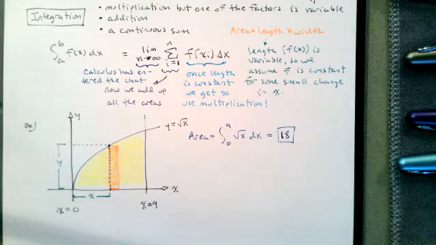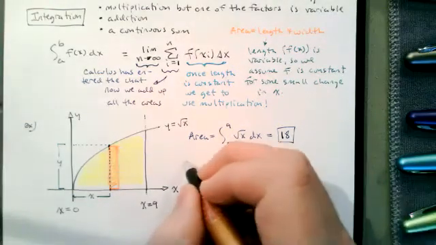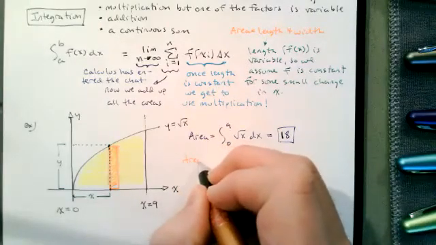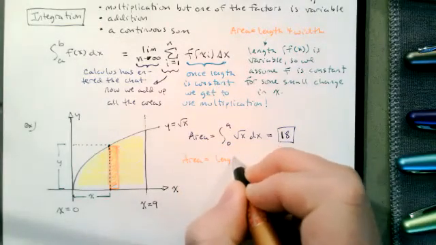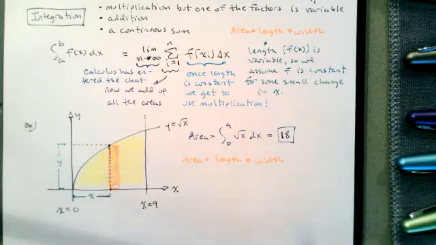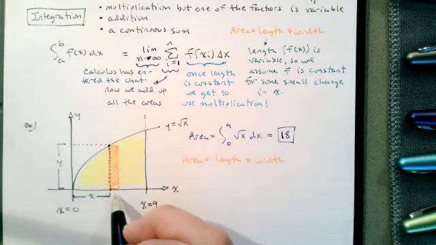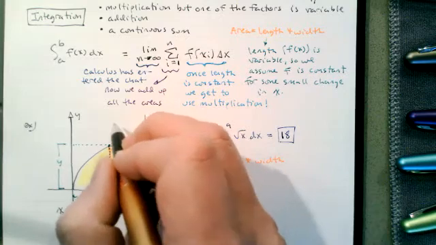We're trying to find an area, and area is always length times width. Area is equal to length times width. We're setting up a slice with a delta x, for setting this up to work for small changes in x. And so that's our width.